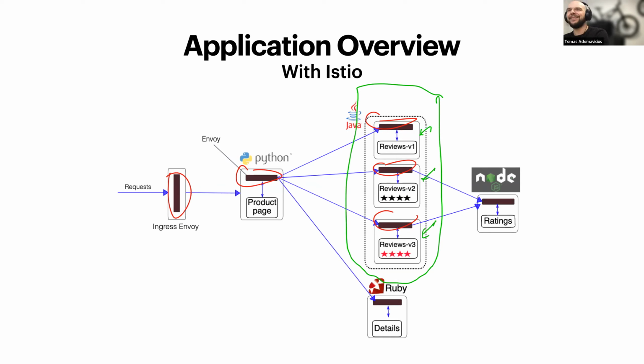It's an unlikely scenario in production because you don't normally run three different versions of your service and route traffic through all of them at once, but just for the sake of the demo, that's the case. And we have our ratings microservice, which is used by two versions of the reviews service. Version 2 and version 3 use the ratings service, whereas version 1 doesn't.